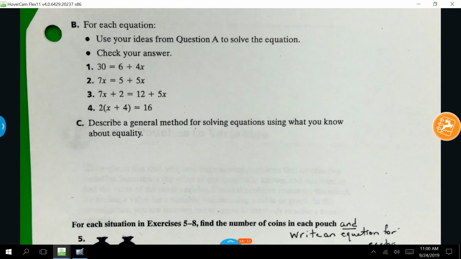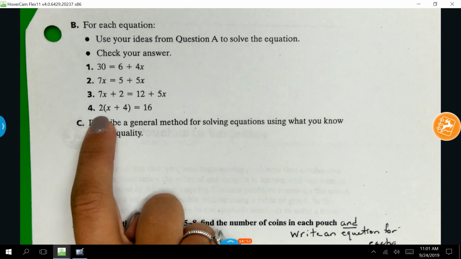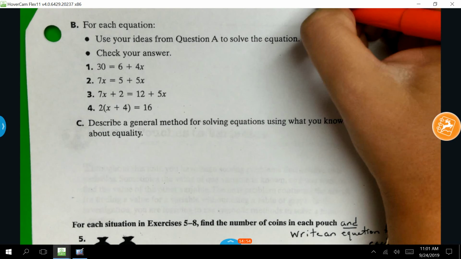Okay. You think y'all can do number 4? What does number 4 look like? It's just telling us to do the pouches first, right? No, it's telling you to distribute that 2 first before you do anything else, okay? So you want to do number 3 or number 4? 4. Okay. Do it over here in the top corner.